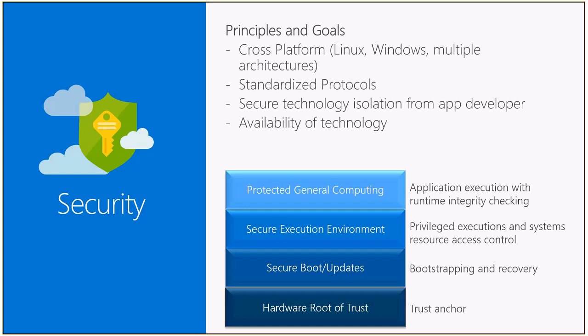And then if you go up all the way, we want to make sure that application execution is secure, as far as how this edge device connects to leaf devices and how it connects to an IoT hub.